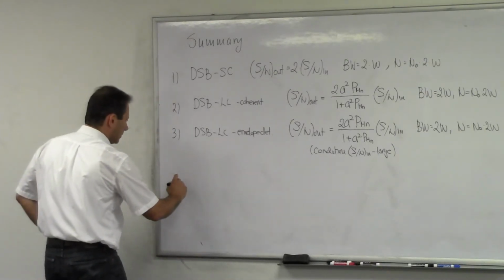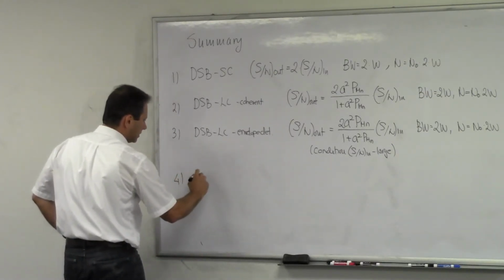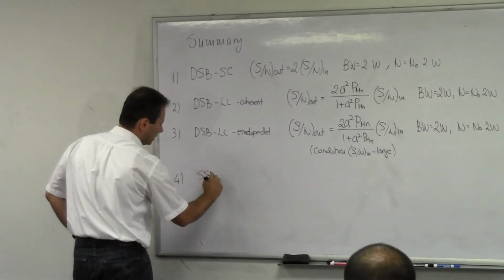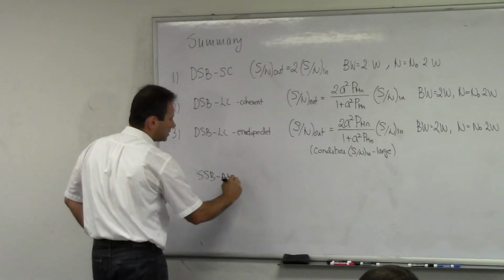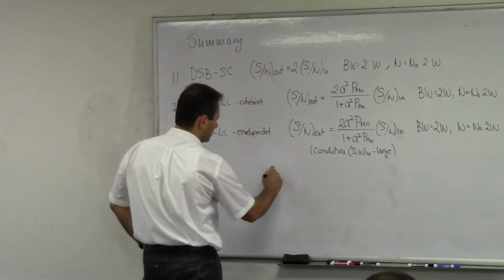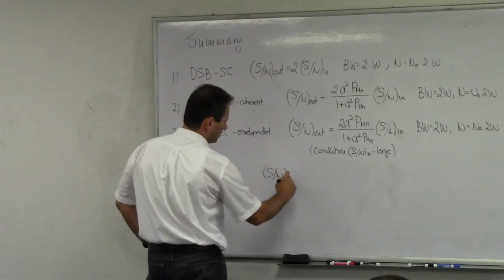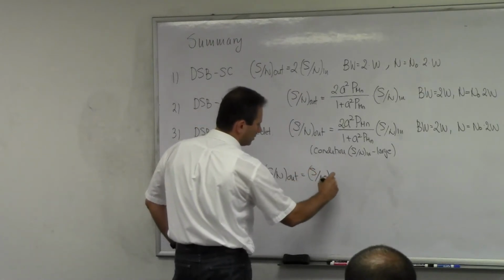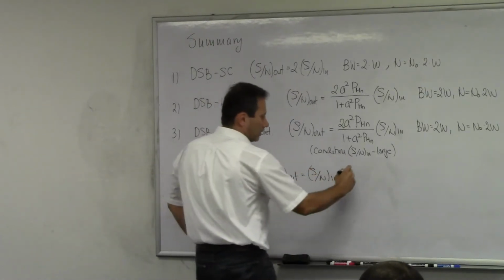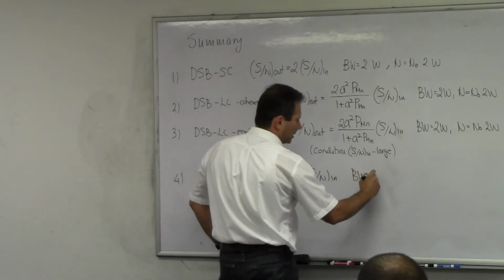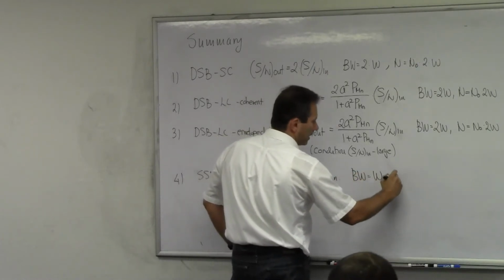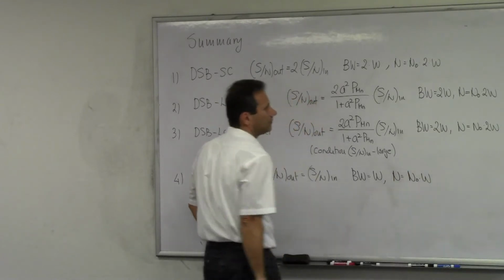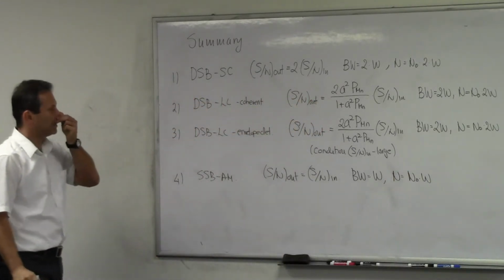And then the fourth one we covered today. This was single sideband AM. In this case, you have the simplest relationship: the signal to noise at the output was the same as the signal to noise at the input. Bandwidth, in this case, was just W, and the noise power was N0 times W. That's a summary, right?